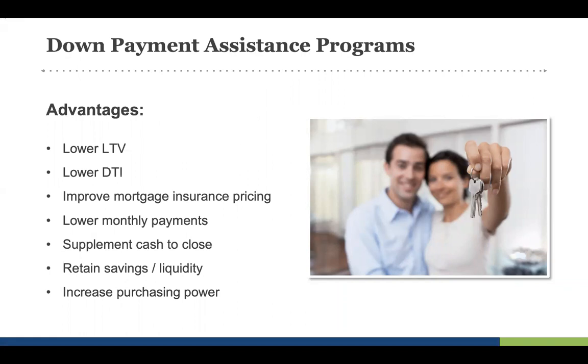Specifically, an FHA mortgage has expensive upfront mortgage insurance premiums and higher monthly mortgage insurance costs that last the life of the loan, whereas conventional mortgages have no upfront mortgage insurance premium and lower monthly insurance premiums that can be canceled once the buyer gets to 80% loan to value. When you reduce loan to value, you also lower debt to income ratios, which help more buyers qualify and increase their homeownership possibilities.